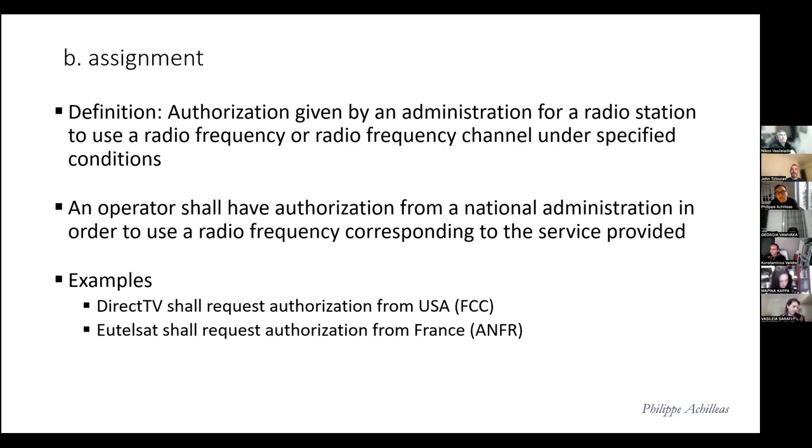Now, let's say that you are representing DirecTV, which is a satellite operator in the US. Then you will ask for the authorization from the Federal Communications Commission. So it's not at ITU level, but at national level where the authorizations are given, okay?